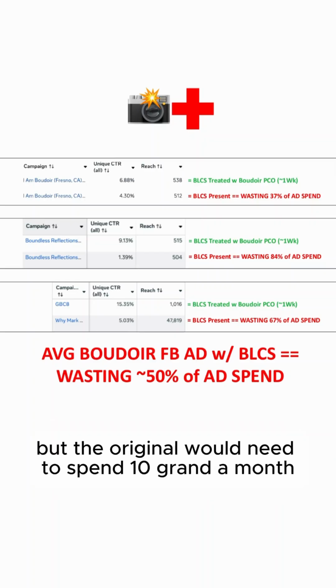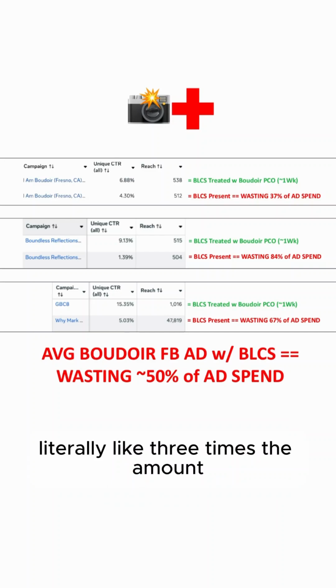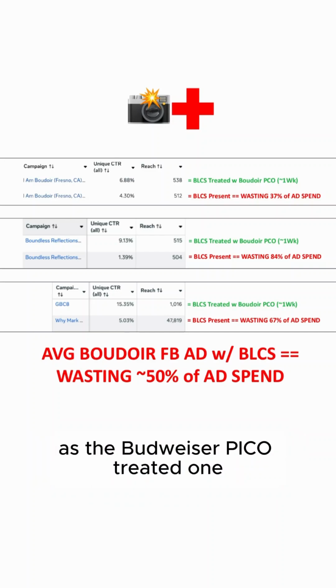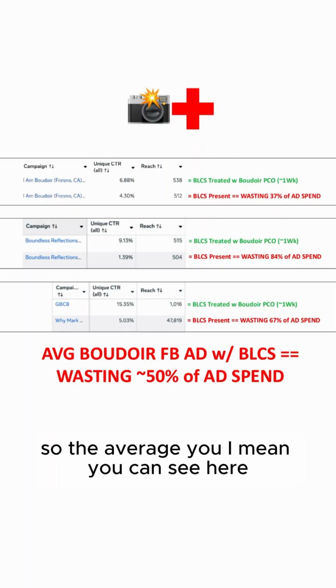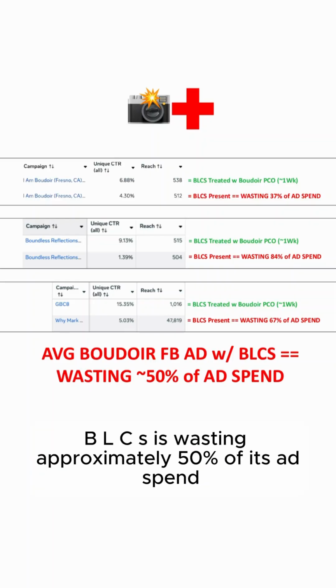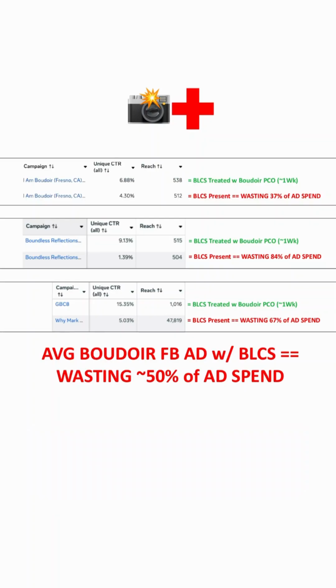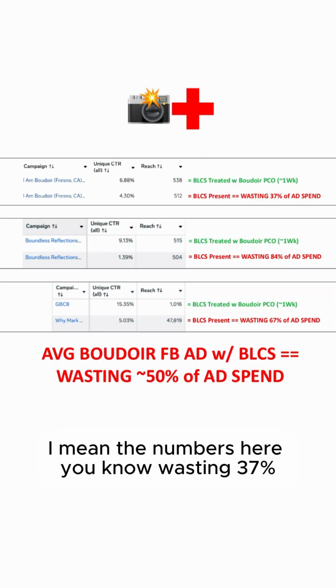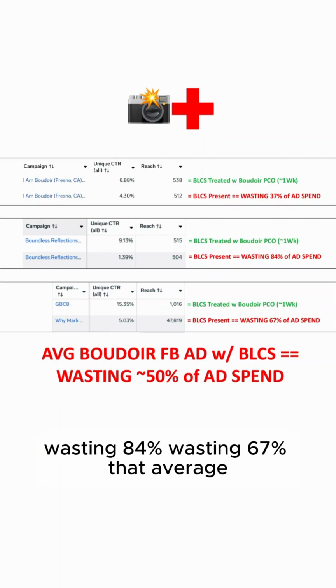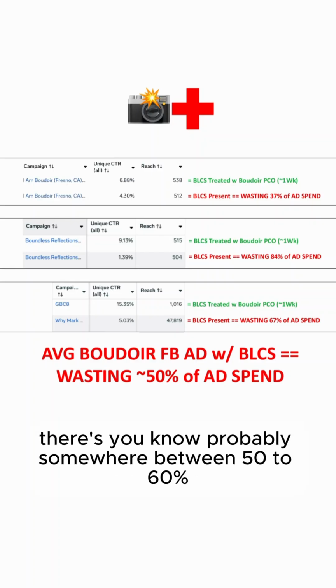But the original would need to spend 10 grand a month, literally like 3 times the amount as the Boudoir Pico treated one. So the average, we can see here, the average Boudoir Facebook ad with BLCS is wasting approximately 50% of its ad spend. The numbers here: wasting 37%, wasting 84%, wasting 67%. That average is probably somewhere between 50 to 60%.